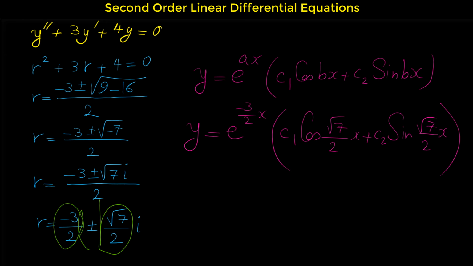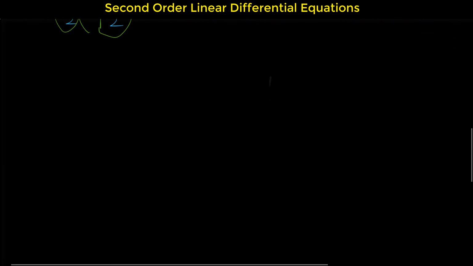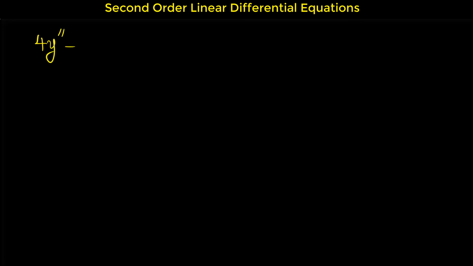Let me show you another example. For y double prime plus 4y prime plus y equals 0, the first step again is to write the characteristic equation.